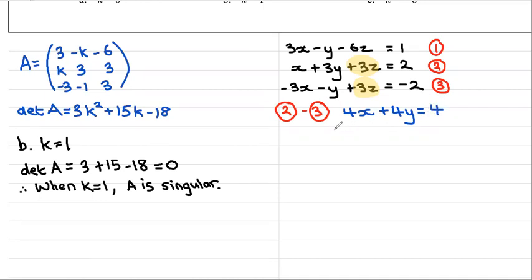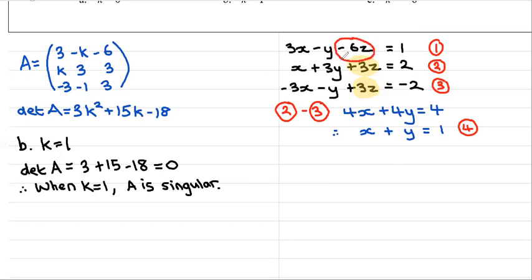All right, so we can cancel the 4's out, so we get x plus y is equal to 1. Now, we'll call this equation 4. So we've generated a new equation now with no z involved. Right, what else could we do? Let's try and eliminate z from the first equation here.